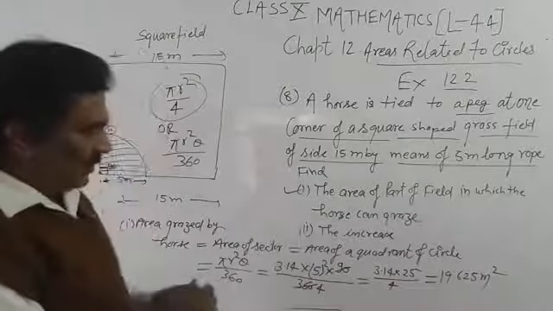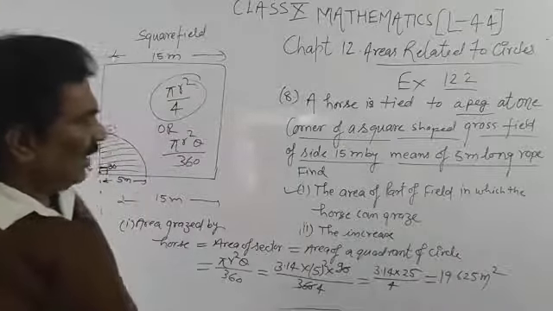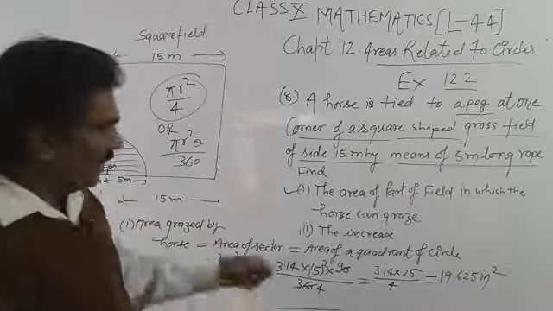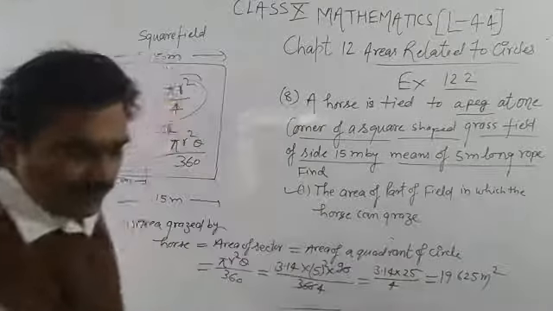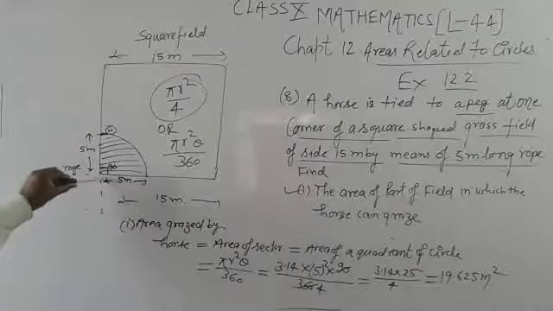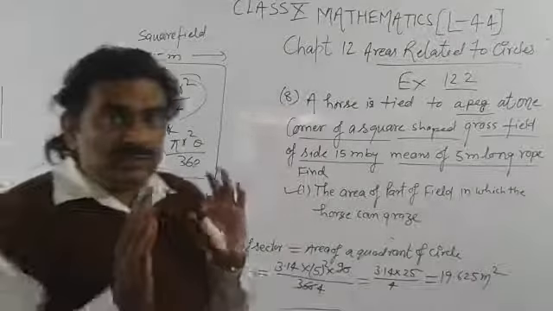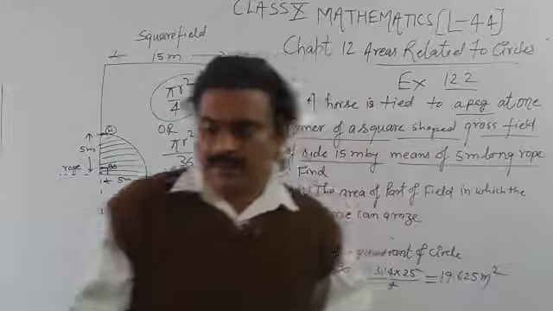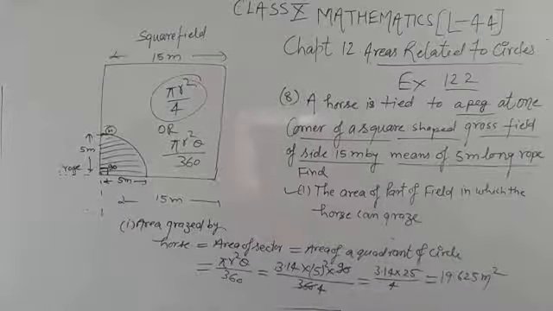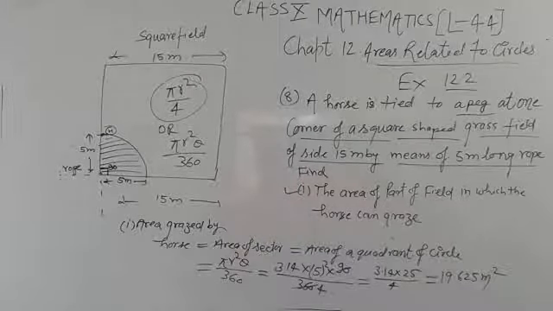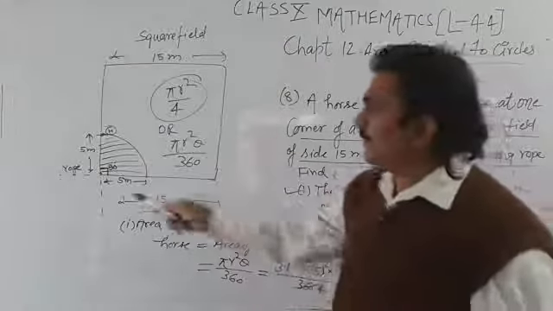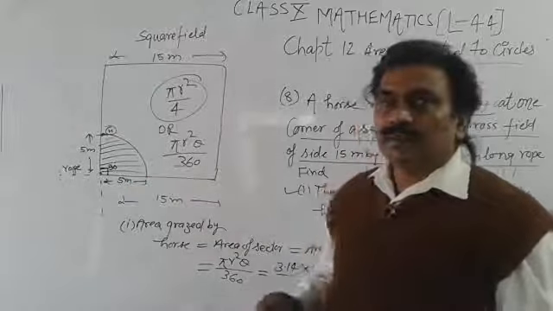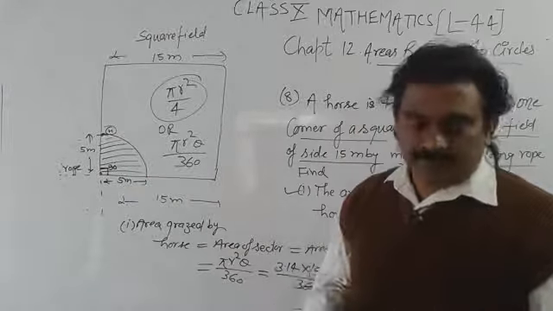Now we will solve the second part. According to the question, this rope is increased up to 10 meter. In the second part, students, you will find that if this rope is increased up to 10 meter, then what is the increase of area?